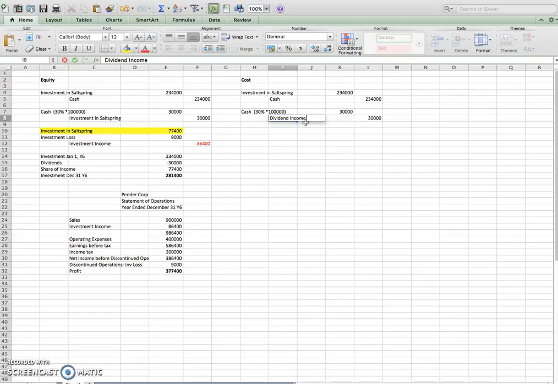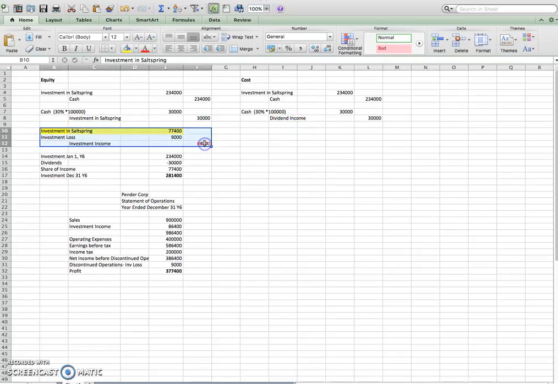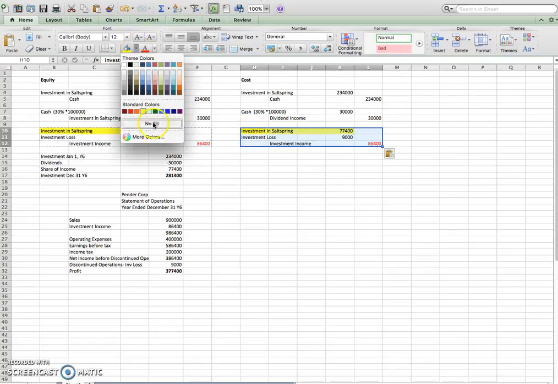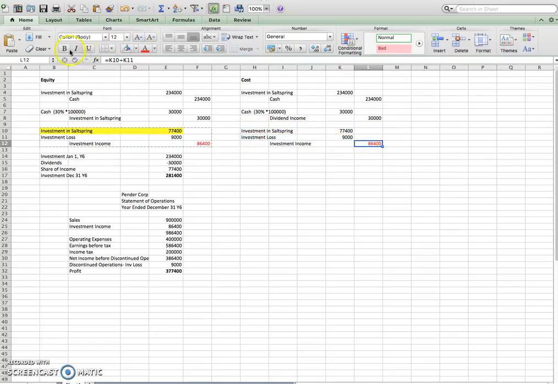So dividend income. We're good on that one now. That's it. We don't have anything like this. So I'm just going to copy it over just for the sake of showing it side by side and how they're different. The difference is we do not have any of this, right? So we really don't have any of these transactions.